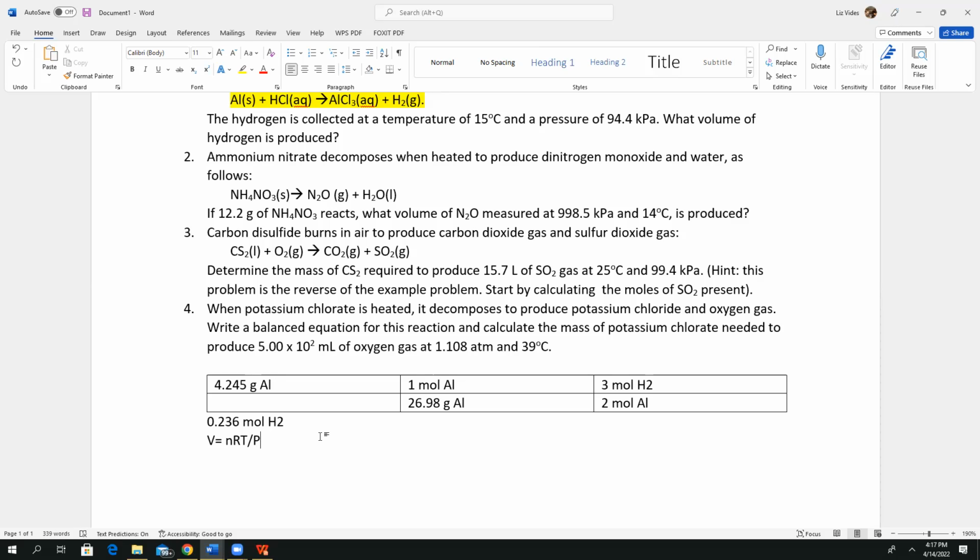Don't forget to use the correct R too, because we have different R's. You're welcome.